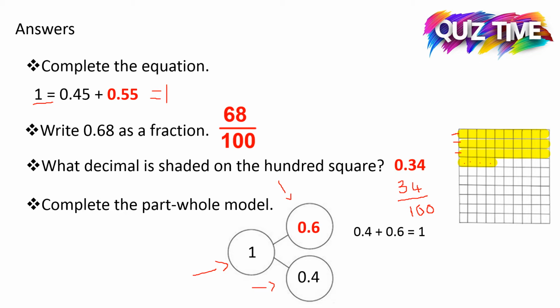And when we write that as a fraction, let's visualize this. It will be 4 tenths. And the denominator, the number below the vinculum, is 10. So we know that the answer should be 10 over 10, also known as a whole.